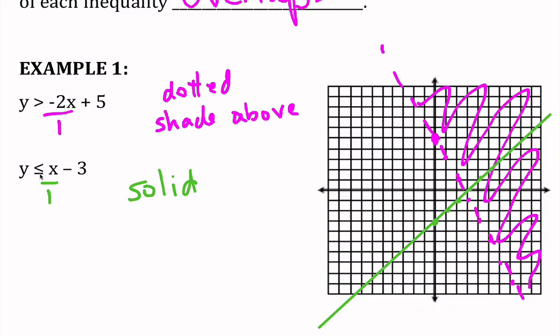Okay, this symbol says less than, so I know I'm going to have to shade below that green line. So all of this is below, so I'm going to shade lightly below.